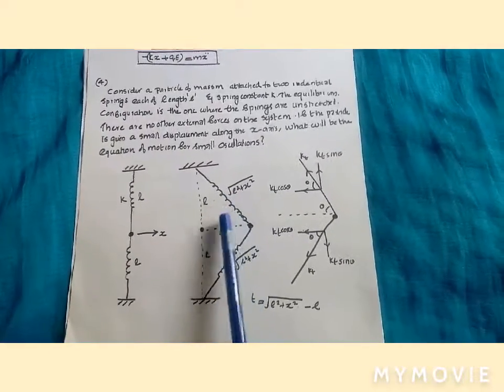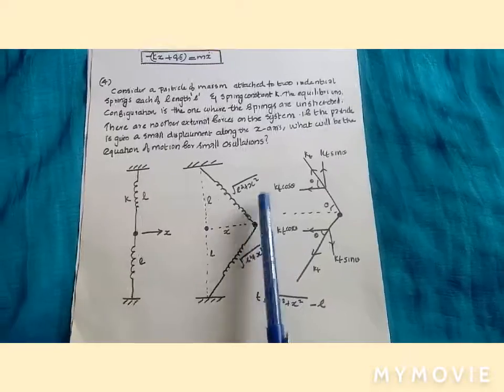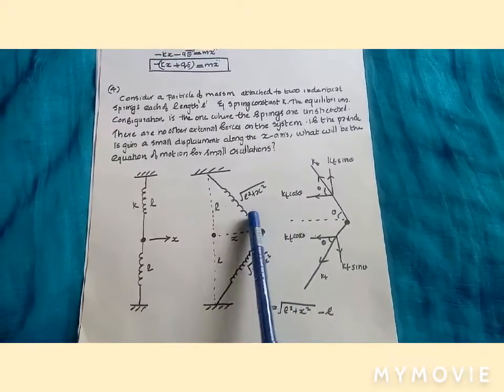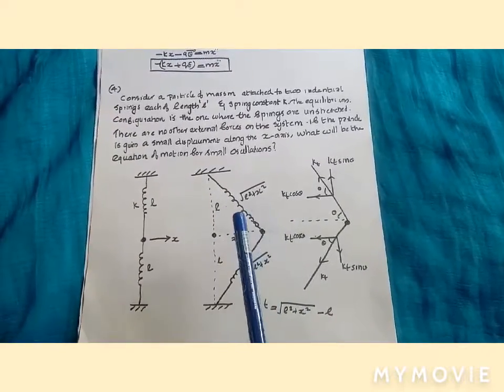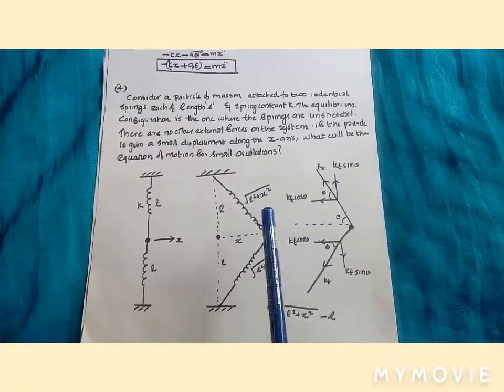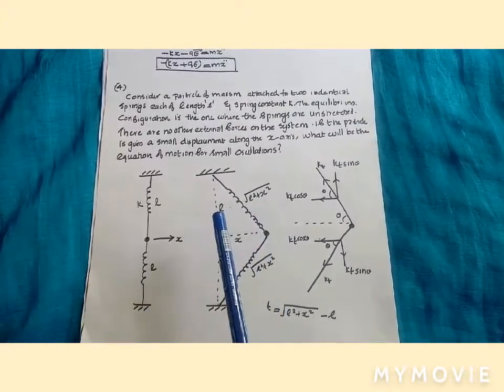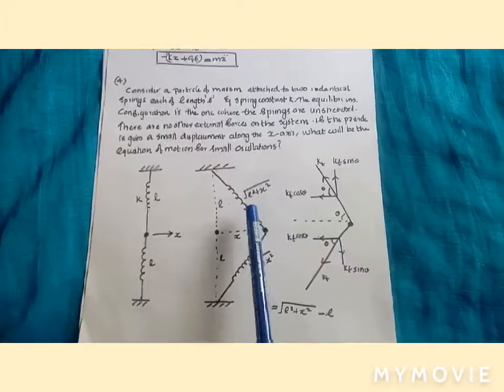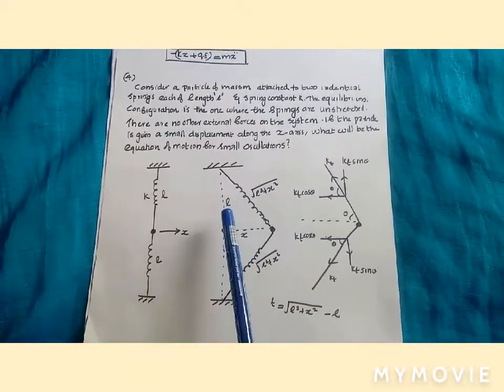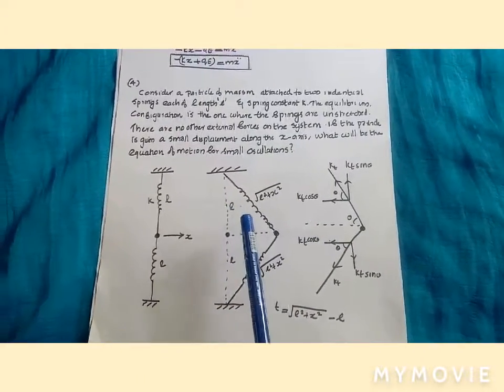From that we get the extension, that is the new length, under root L square plus x square, minus the old length, that is L.